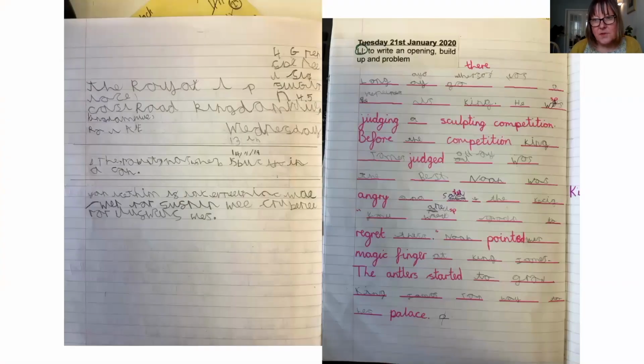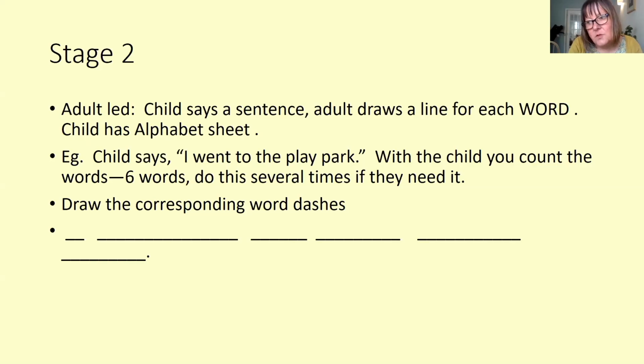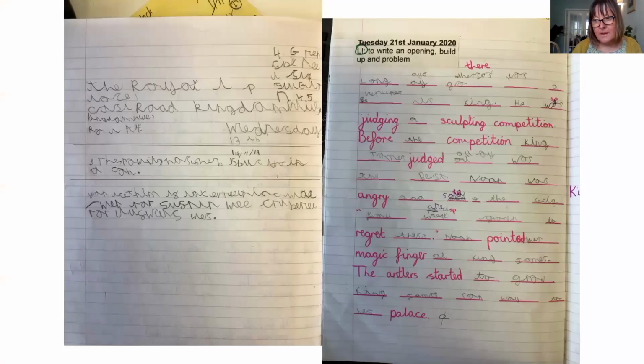Here are some further examples. I could have used a phoneme mat as well to help Angie to look at the correct digraph choices for the or sound in saw. Some more examples from children's work. You can see here how the adult has put in the tricky words.